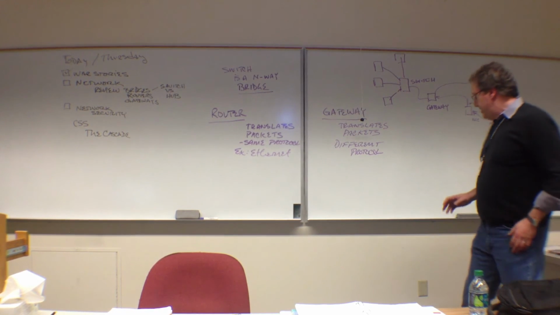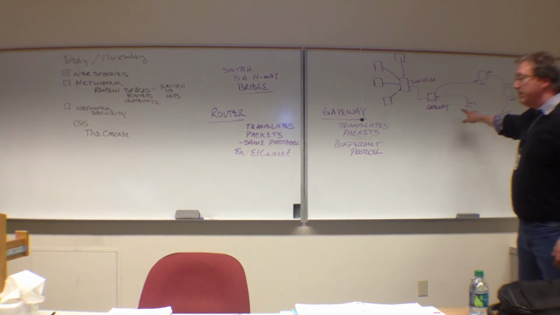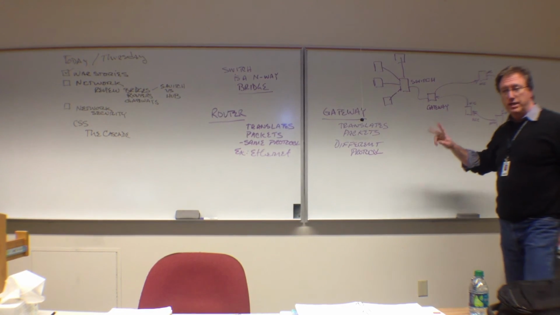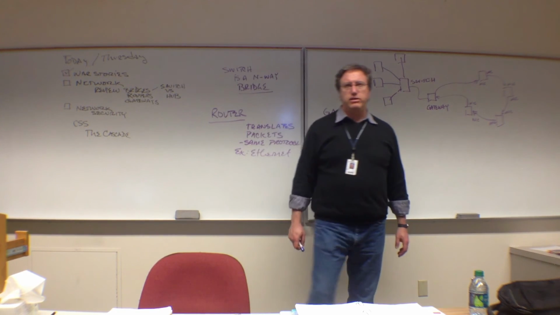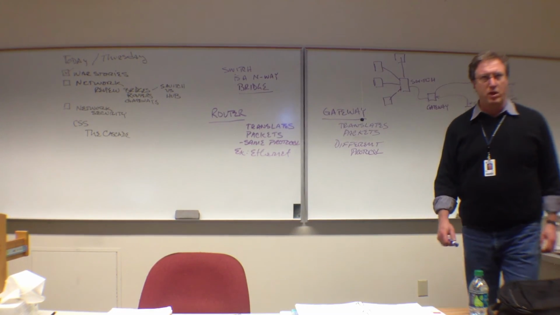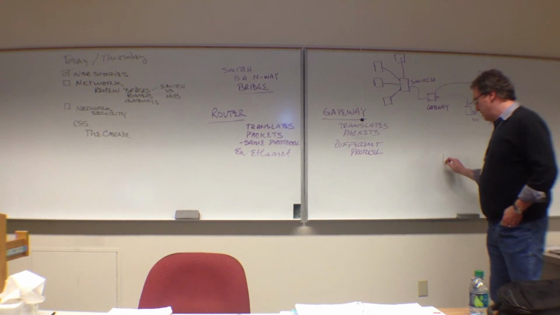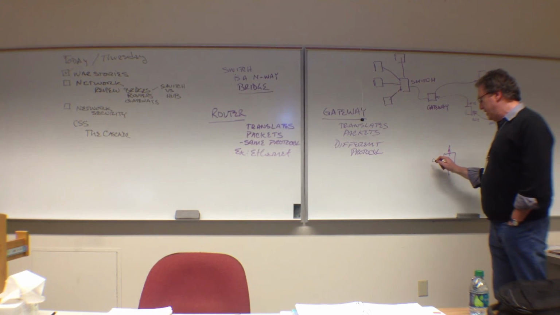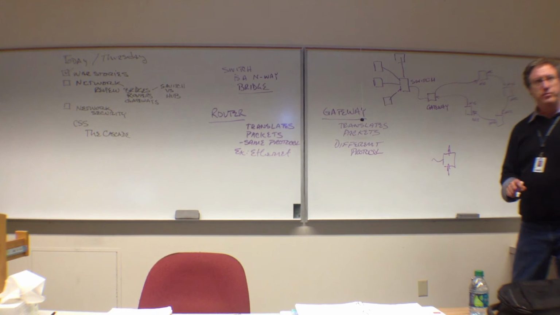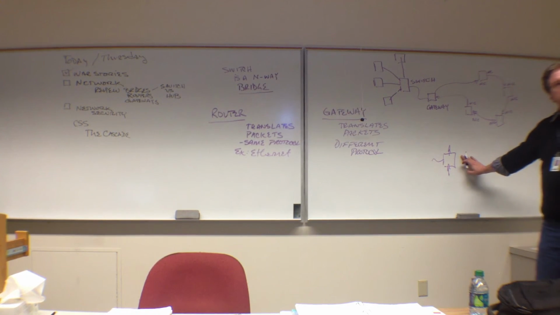In fact, it used to be like I drew it there: the computer itself had 2 NICs. These days, most computers are built with an Ethernet NIC built in. So what you'll see is a device that has a token ring in and out and an Ethernet port. So what's inside this thing?